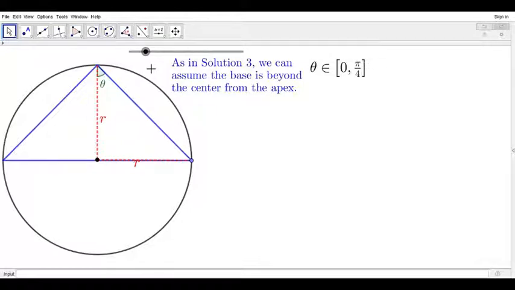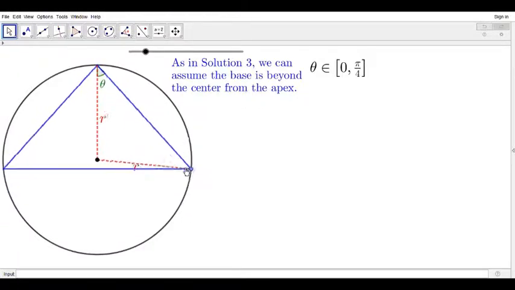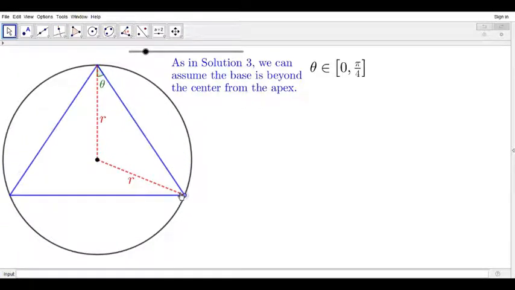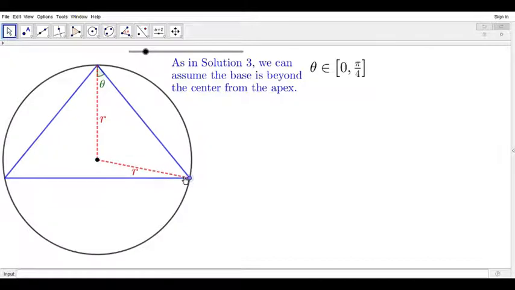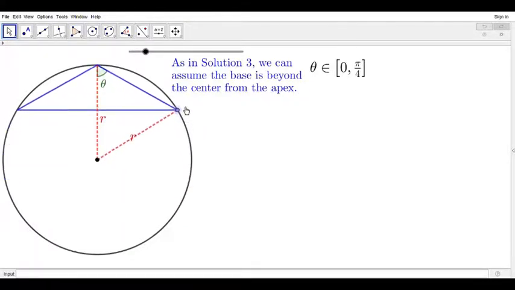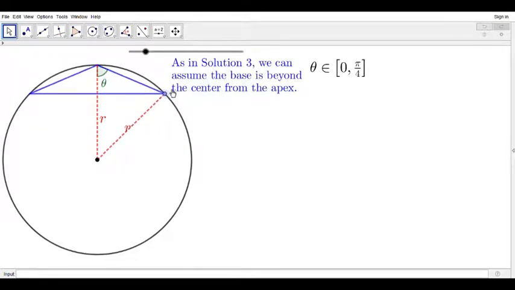Now, if you did not recognize that it's okay to let the base only run through the lower semicircle, if you're still open to the possibility of the base of the isosceles triangle navigating through the upper semicircle, then you would be open to theta not ending at pi over 4, but in the long run approaching pi over 2, a 90-degree angle.